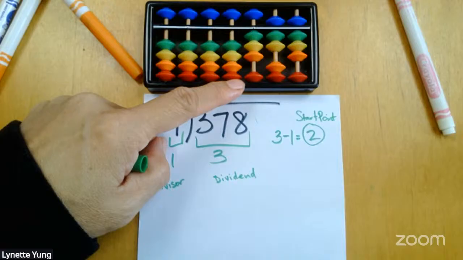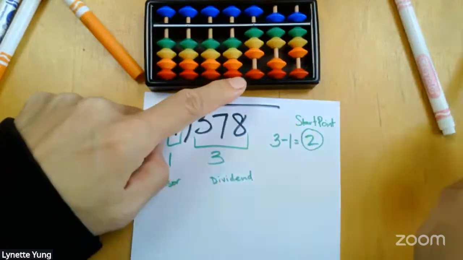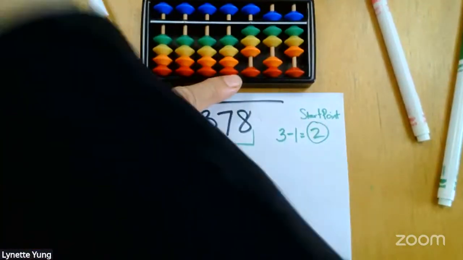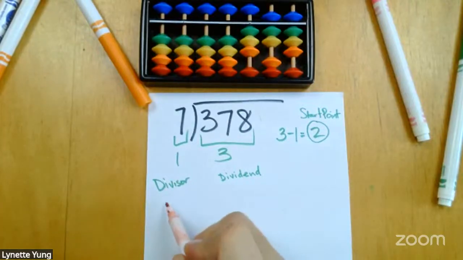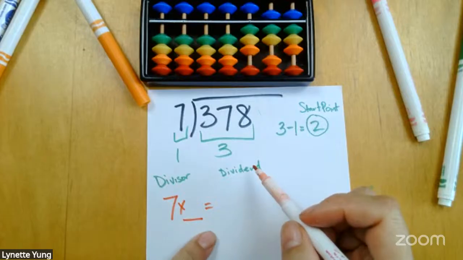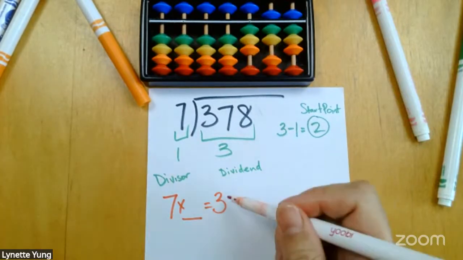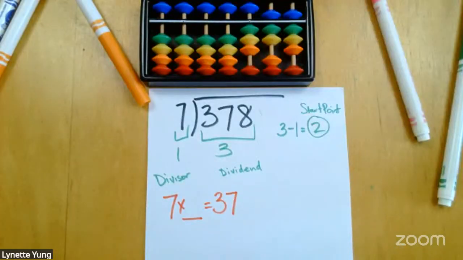The first thing you want to do is look at your divisor, which is 7. So 7 times what is equal to 37, or less?